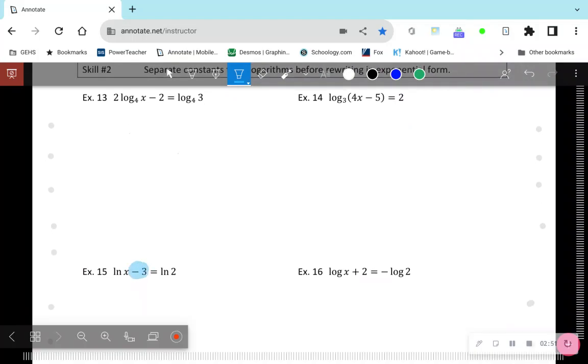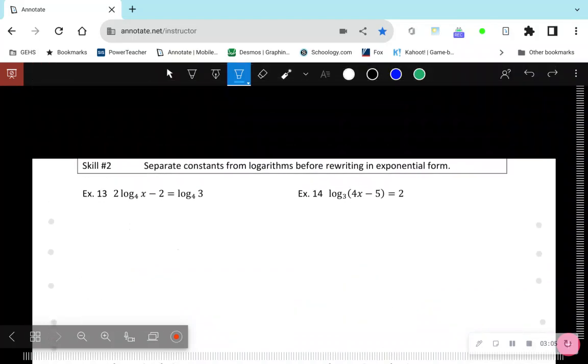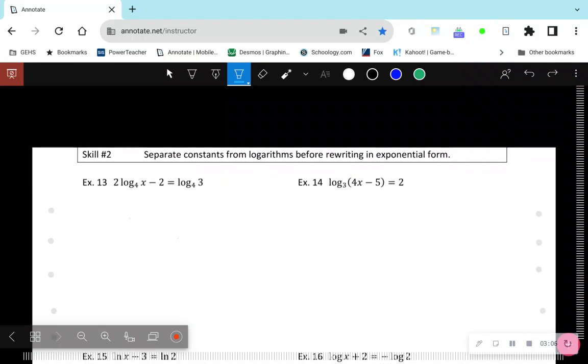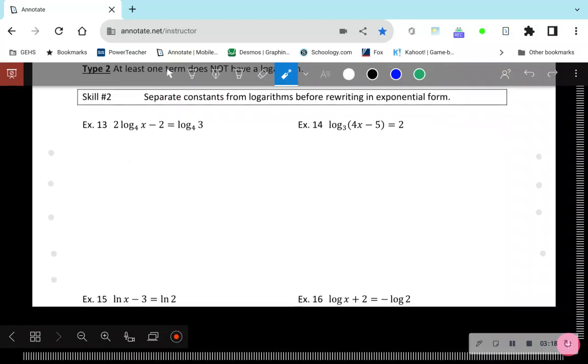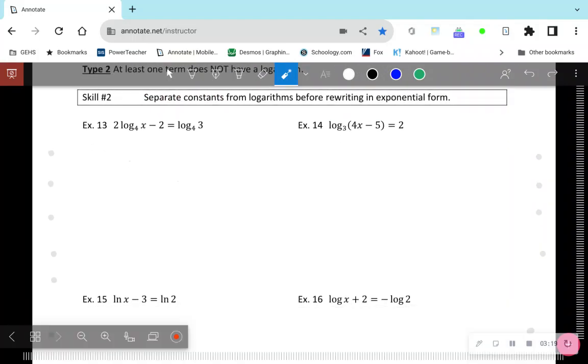There's a minus 3 there that does not have a logarithm attached to it, and then we have another one here with a 2, and there's no logarithm on that too. So that's how you tell it's a second type of problem, and we're going to take a different tack. What we're going to do here is separate the constants onto the other side, the parts without logarithms on it, before rewriting it in exponential form, essentially going what I like to call around the world with it.